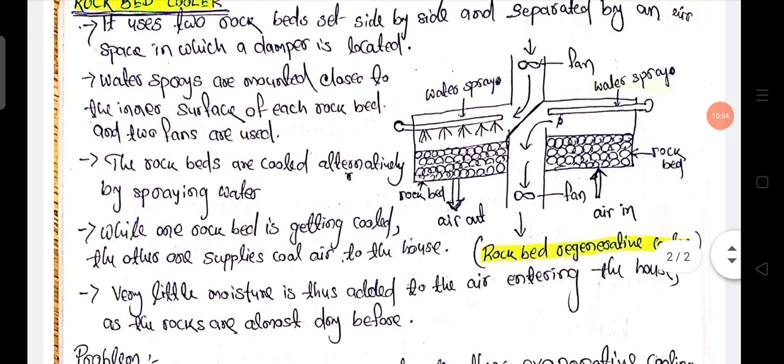So why does this rock bed heat exchanger not add so much moisture to the cooled air? Because this rock bed works alternately. After spraying of water in the rock bed, the rocks are cooled and also dried.